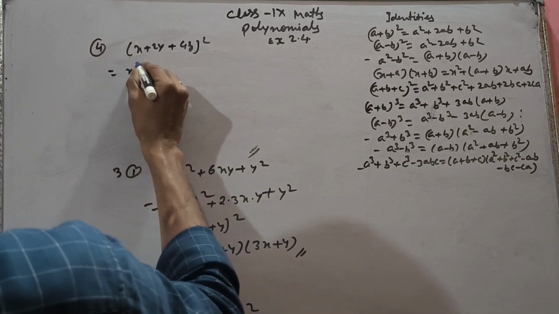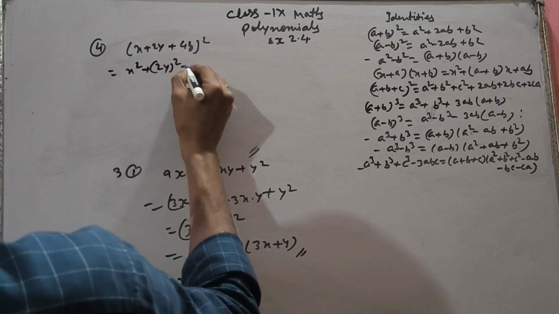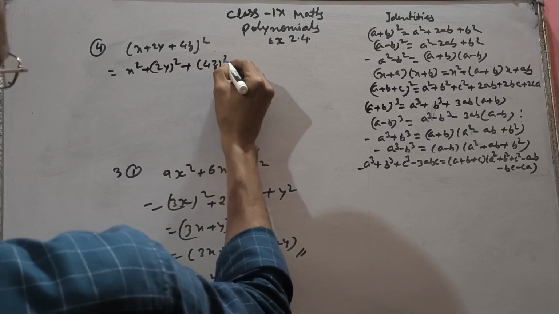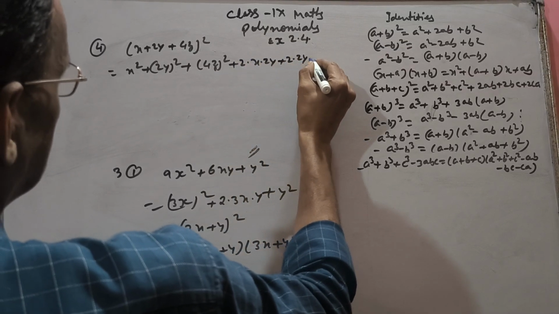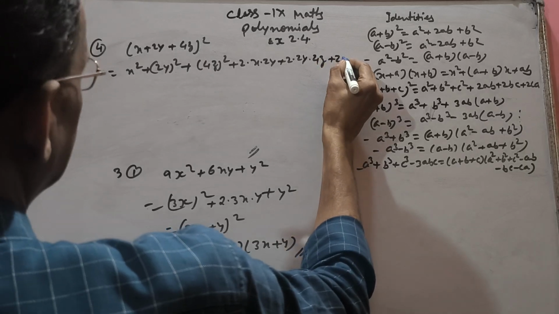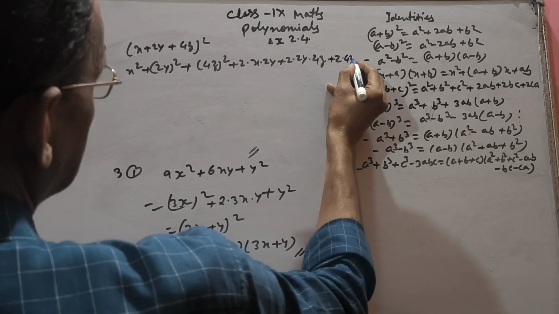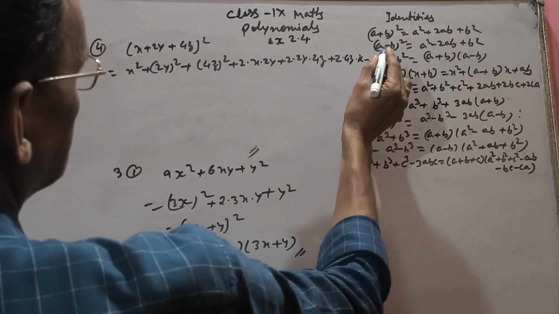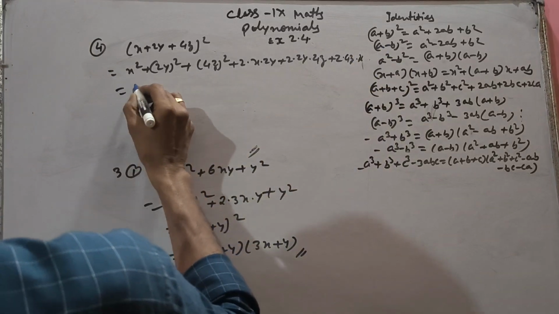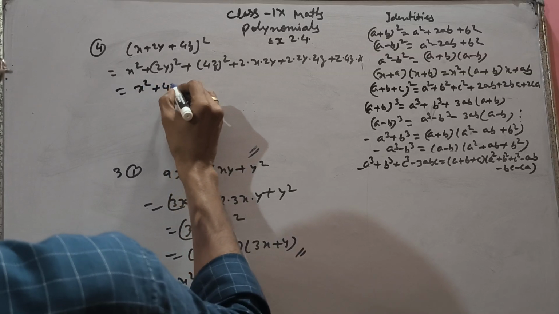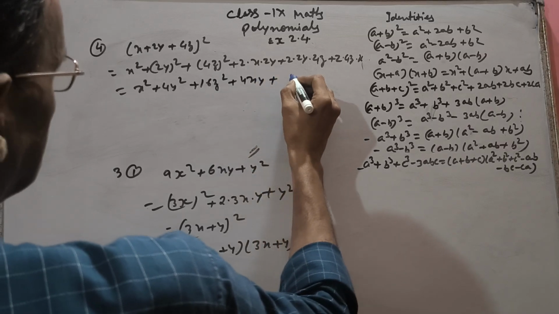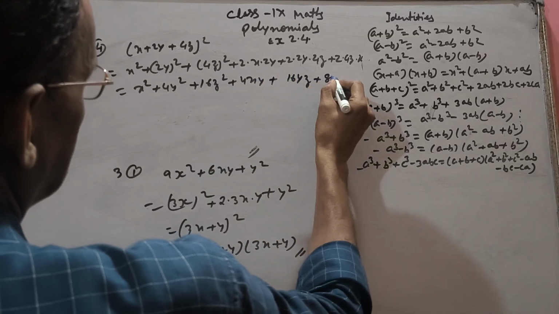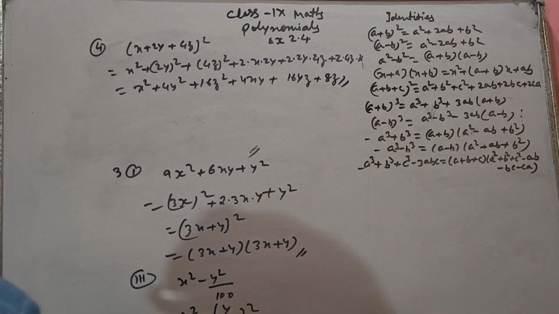So use a squared plus (twice y) whole squared plus (4z) whole squared plus 2 into a into b plus 2 into b into c plus 2 into c into a. Then just simplify: x squared plus 4y squared plus 16z squared plus 4xy plus 16yz plus 8zx. There are many sums here, you know. So all use the same formula.